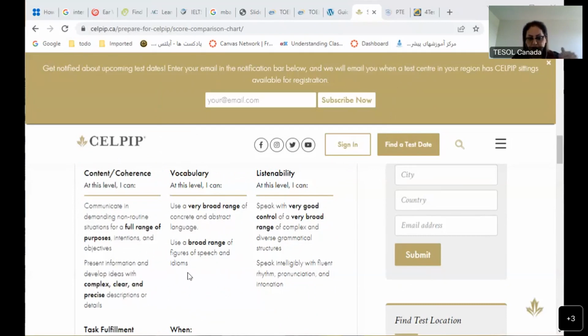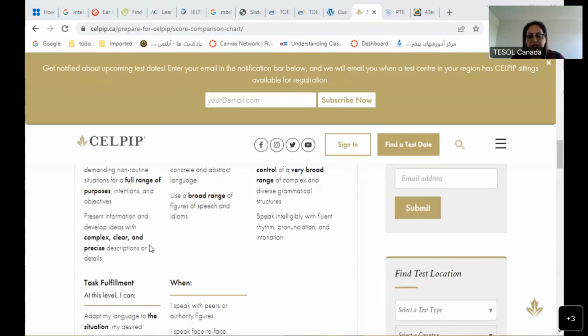That's 12. Content and coherence: communicate in demanding, non-routine situations for a full range of purpose, intention, and objective. Present information and develop ideas with complex, clear, and precise description or details.